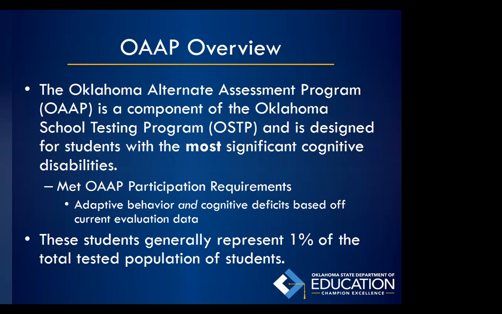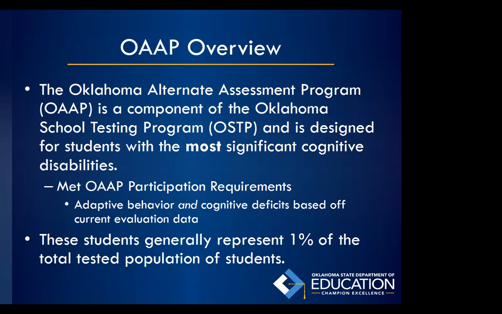In order for a student to take the OAAP, the student has to meet participation requirements, and one of those requirements is a criteria checklist sheet for these students. And then within that, these students need to have some type of adaptive behavior and cognitive deficits based off current evaluation data. So that's just one component that would be in their IEP.